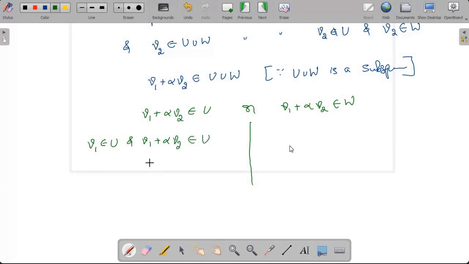Therefore, their combination is also an element of U. What is their combination? Let me take this combination: minus V1 plus V1 plus alpha V2. This is an element of U because U is a subspace.